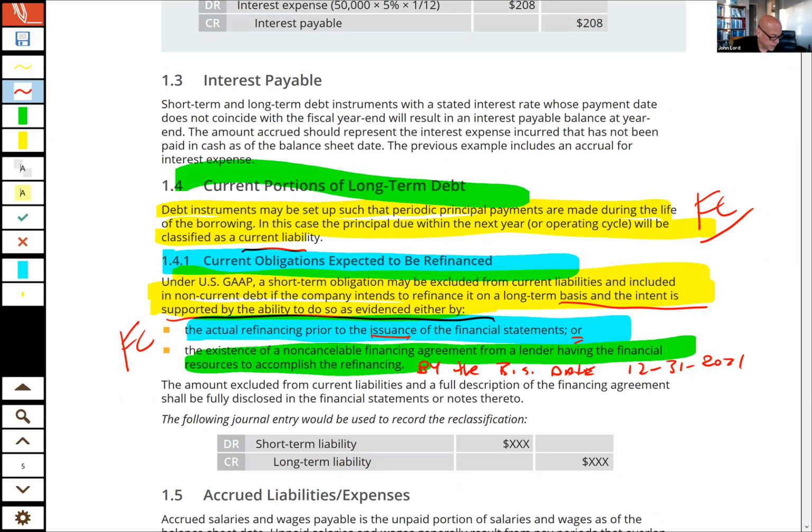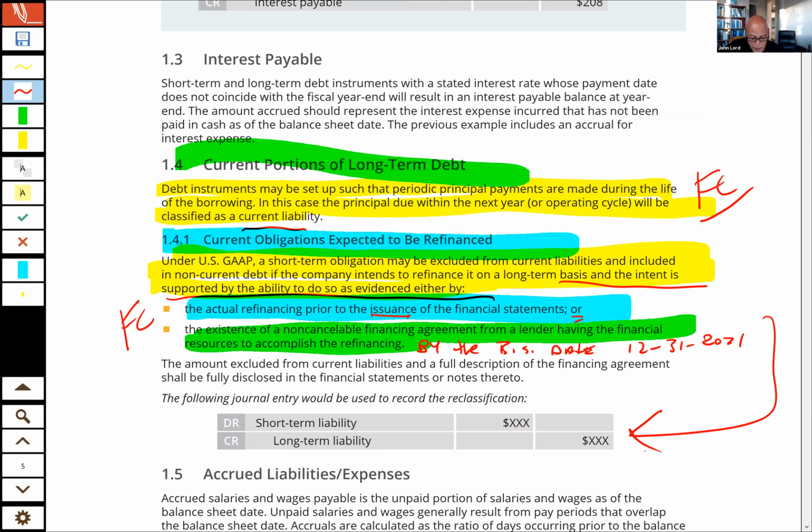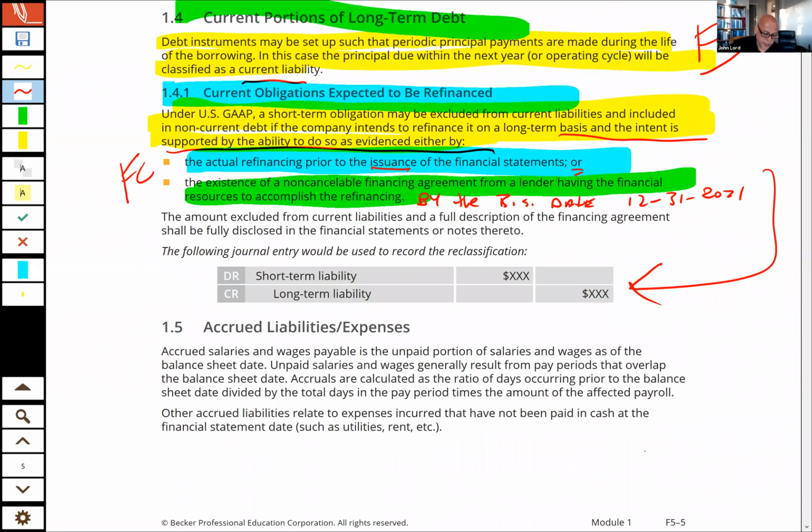Okay. Okay, good. And you can sort of see the journal entry, and it is a simple reclass where you're taking something out of the short-term liability and putting it into long-term if you've met that criteria up there. Okay, good.